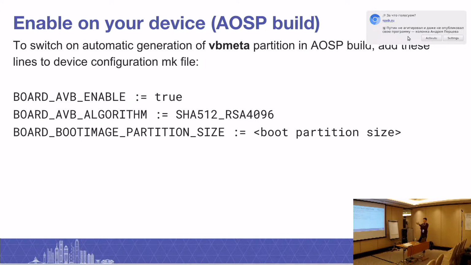Basically, the board AVB enable flag enables AVB support in Android. We specify which algorithm should be used, and specify the size of the boot image. I've checked where the boot image partition size is used, but it's only for the case when this VB meta structure is integrated into the boot image. But it's not possible to generate VB meta if you don't specify this third build flag.